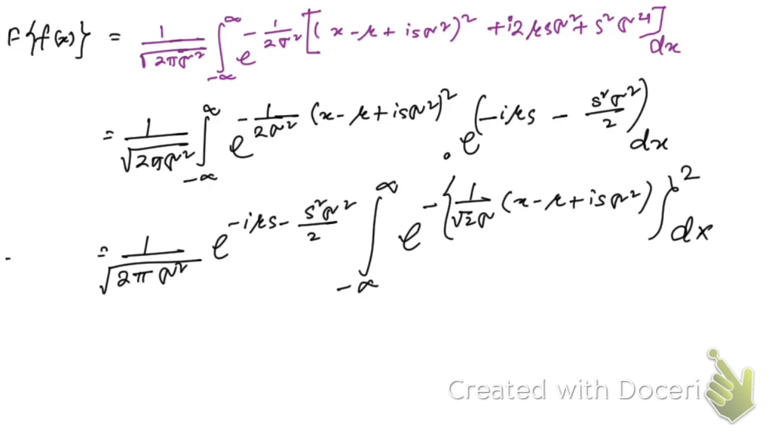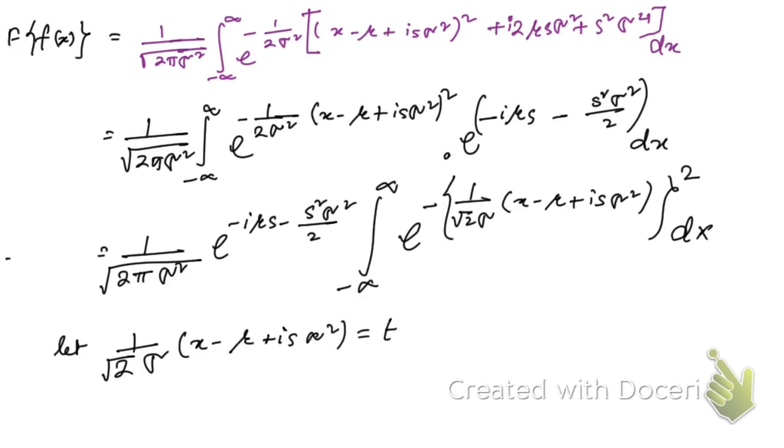So now what we're going to do, let us consider, let 1 over root 2 into sigma, x minus mu plus i s sigma square, be equal to, suppose, t.